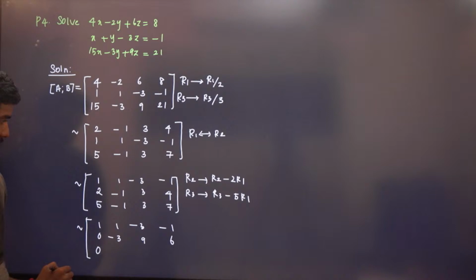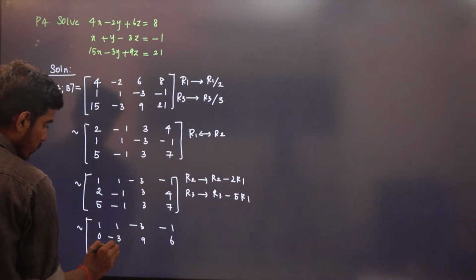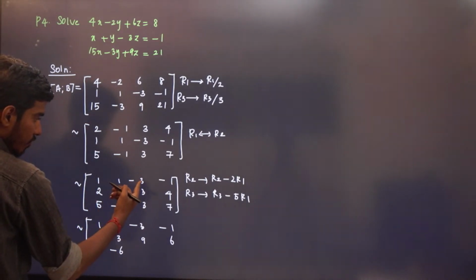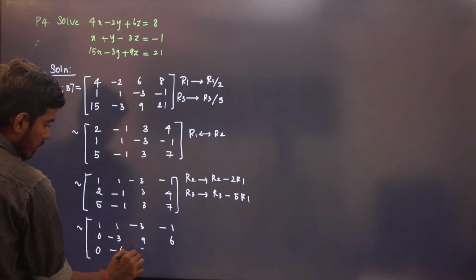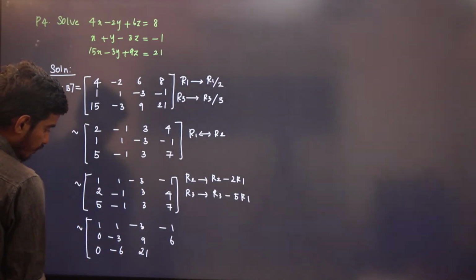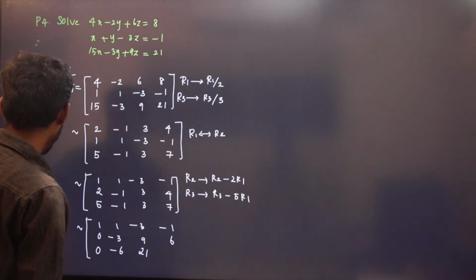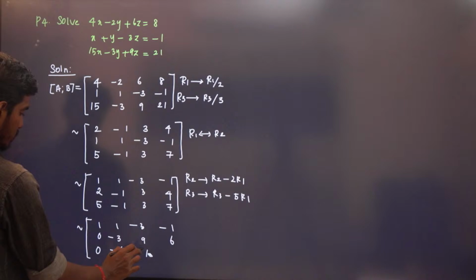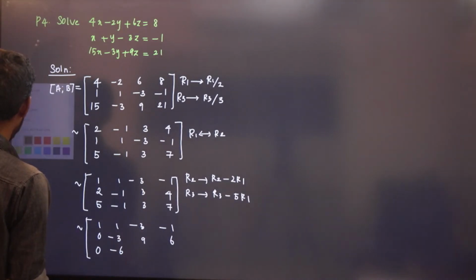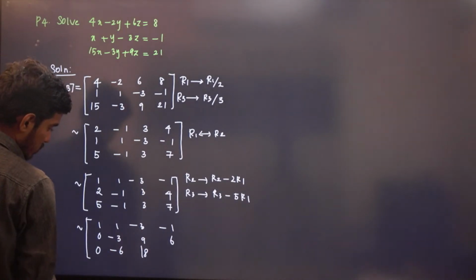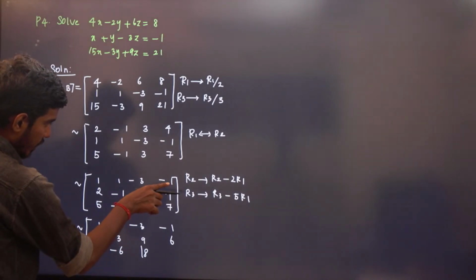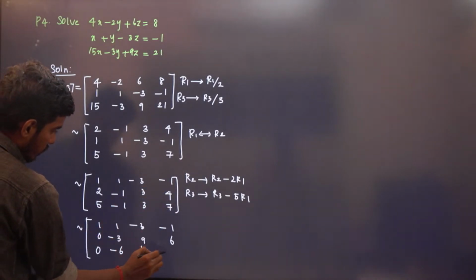Multiply by 5 and then subtract. You multiply 5, minus 1 minus 5 is minus 6. You multiply 5, 3 plus 15 is 18, sorry. You multiply minus 5, so 7 plus 5 is 12.